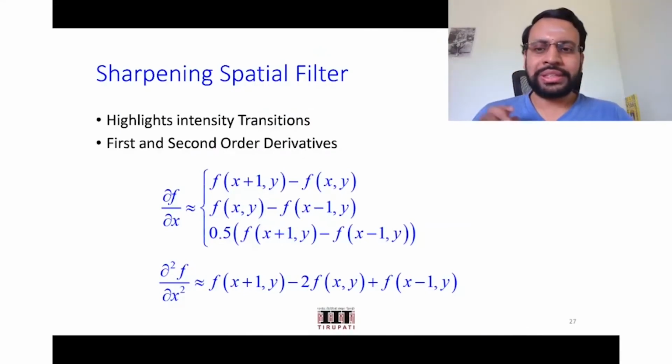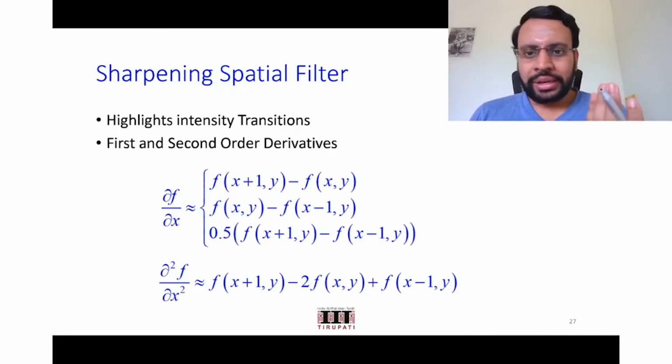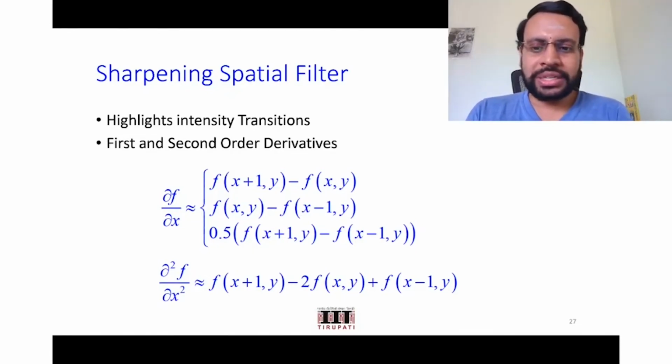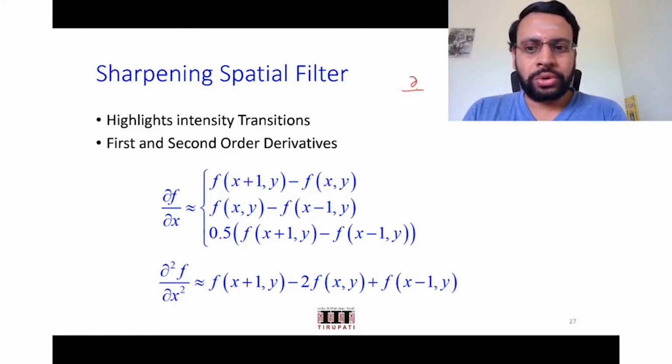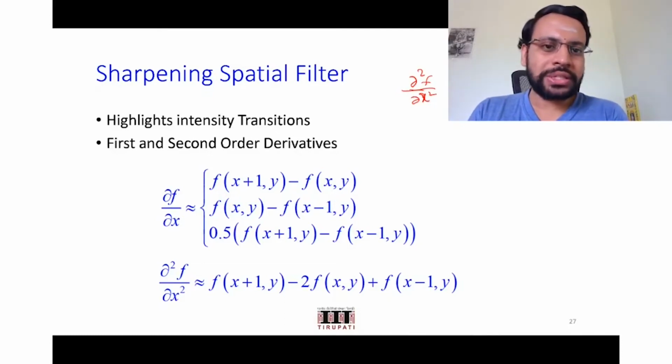Now let us take a look at how the second order derivative would look like for a 2D image. So for that, let's first find out a discretized version of it. Let's say I want to find out dou square in the x direction. I want to find out the second order derivative, which would be dou square f by dou x square.